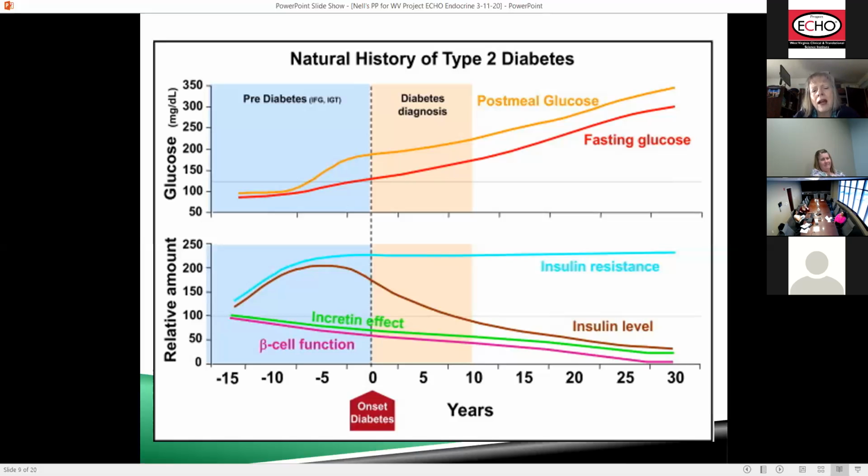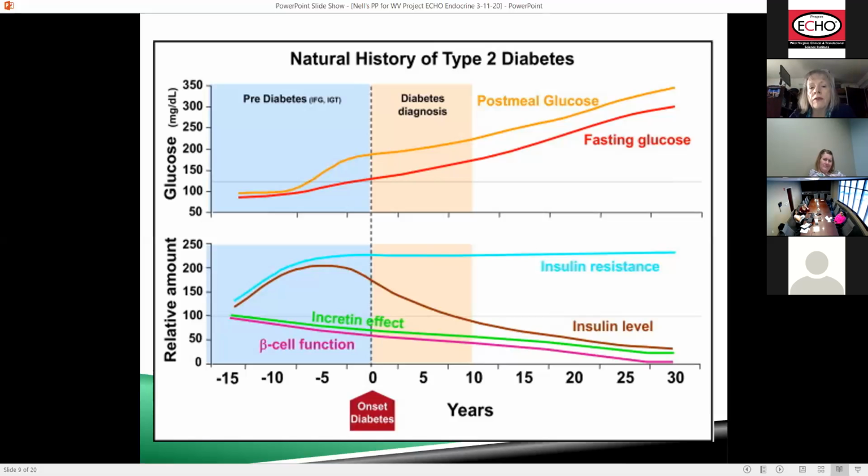Between 5 and 10 years before diagnosis, the insulin level can no longer keep up. The beta cells are dying off, the insulin level starts going down, and notice on the top graph, the post-meal blood sugar is going up because we don't have enough insulin on board. There's not enough incretin hormone to help that. So we've just got a cascade of effects going on.